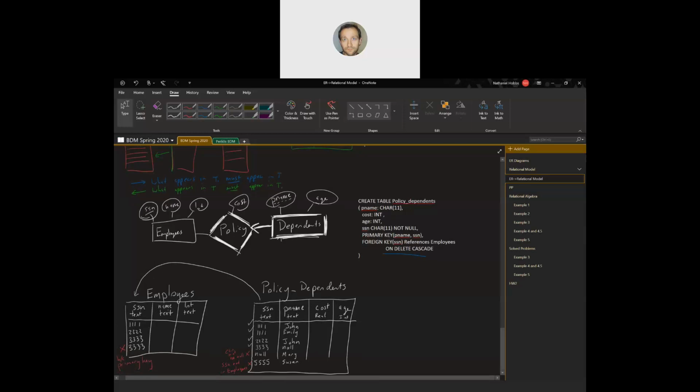So if this employee, 1111, were to leave the company and he's gone, then what do you do with these entries? By default, they would just stay there, or you could replace them with some values. But the on delete cascade says that these would also have to be deleted.